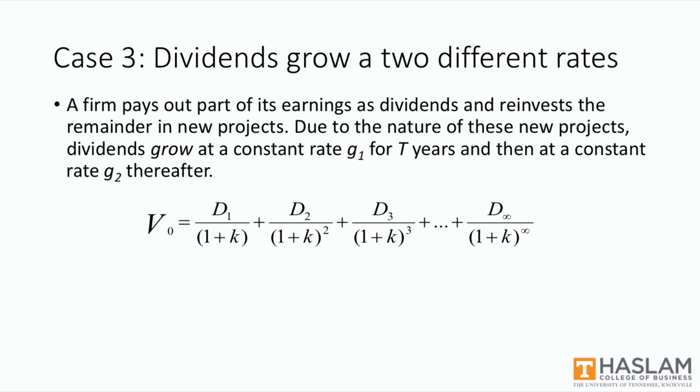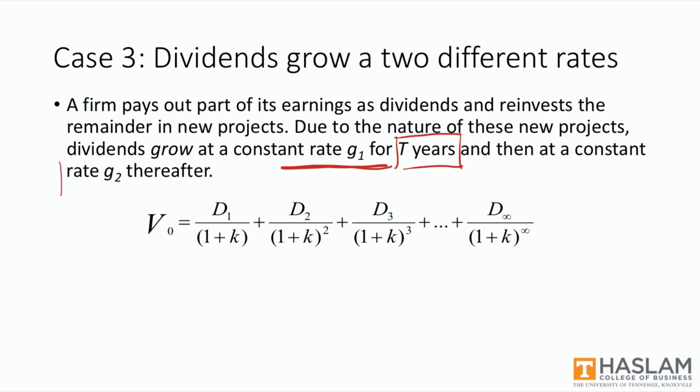Case 3, dividends grow at 2 different rates. As we move closer to reality, we want a model that is flexible enough to allow something other than just the simple constant growth that we see in the Gordon formula. And so here we take a step in that direction by allowing for 2 distinct growth rates. The first, that we'll call G1, is a short-term growth rate, and that's only going to apply for the first, call it T years.